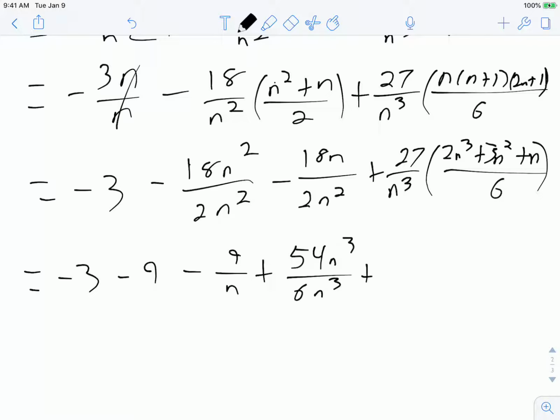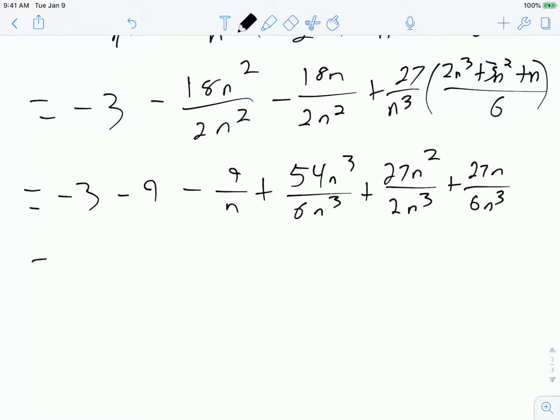To make this a little easier, let's say 27n squared over 2n cubed plus 27n over 6n cubed. So this is negative 12 minus 9 over n plus 9 plus 27 over 2n plus, we could actually take a 3 out of this if we want and make it 3 over 2n squared.